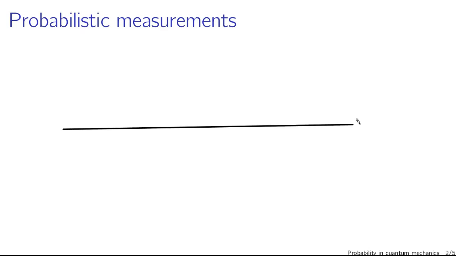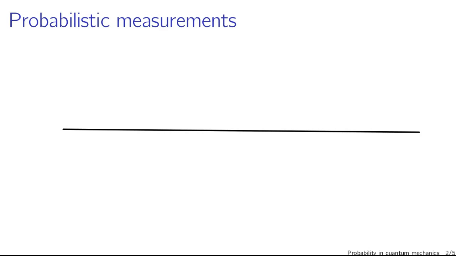If I have some space, let's say it's position space. Say this is the floor of a lab, and I have a ball that is somewhere on the floor. I can measure the position of that ball. Maybe I measure the ball to be there on the floor.